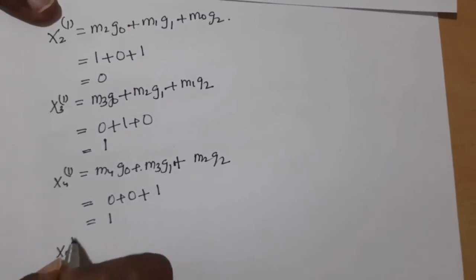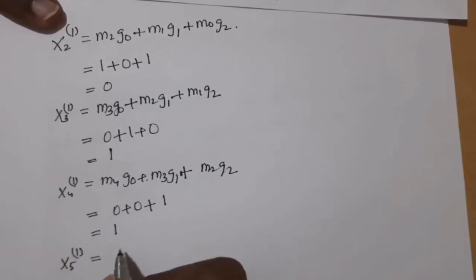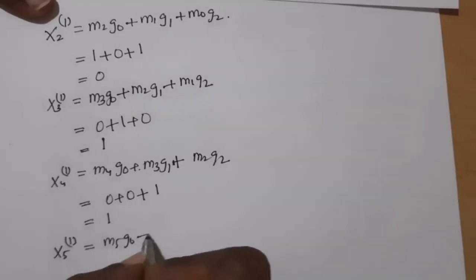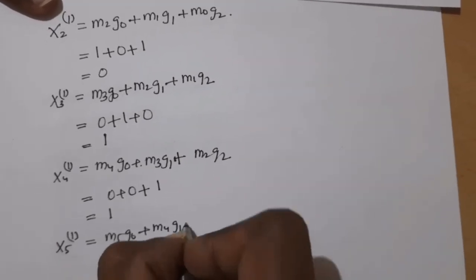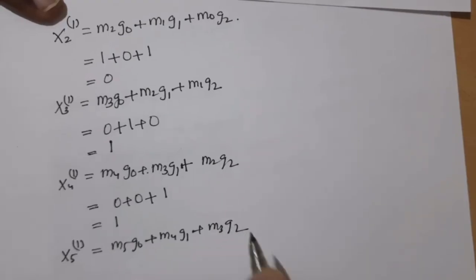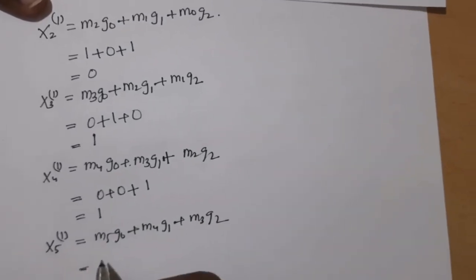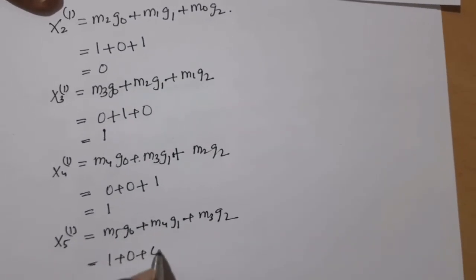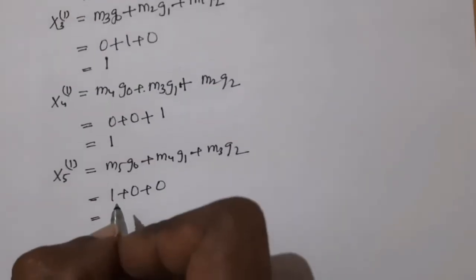Now x5 of 1 is m5 g0 plus m4 g1 plus m3 g2, which equals 1 plus 0 plus 0, which is equal to 1.